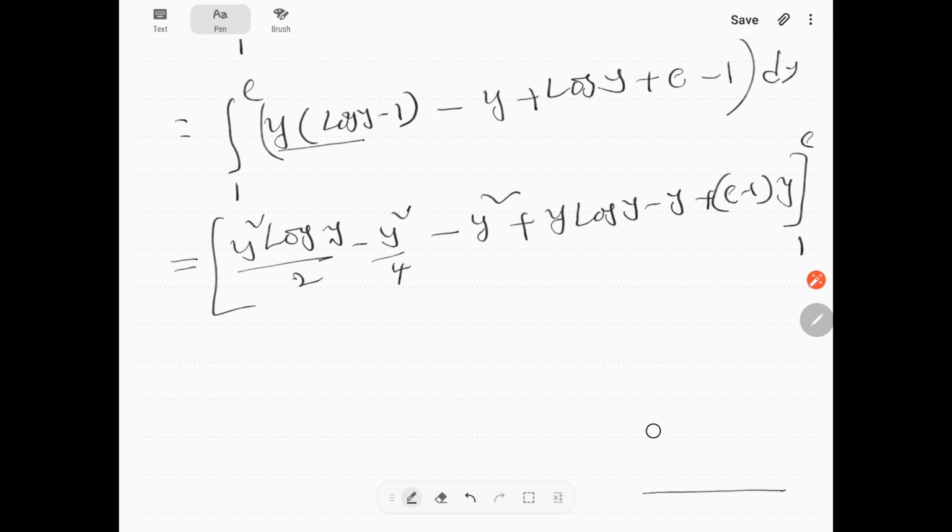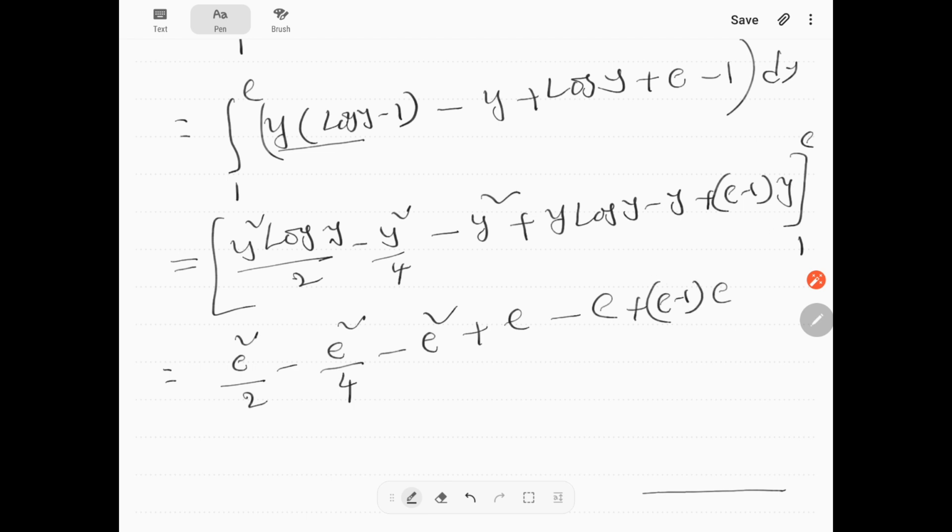If I substitute e, I think all of you can do it easily. Log e is 1 and it is e square by 2. And here also I'll get e square by 4 and minus e square. If I substitute e here, log e is 1, so I'll get e here, minus another e, and plus e minus 1 into 1, that is e.